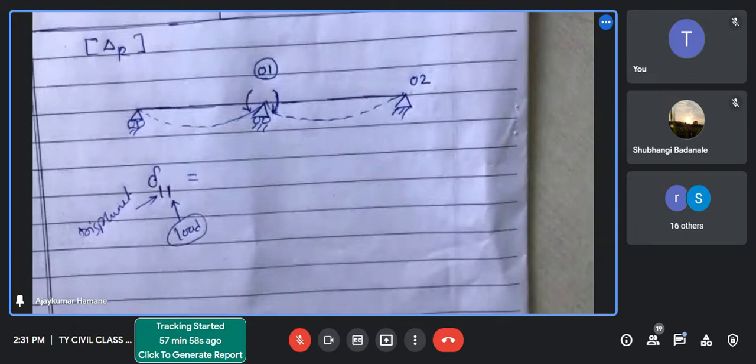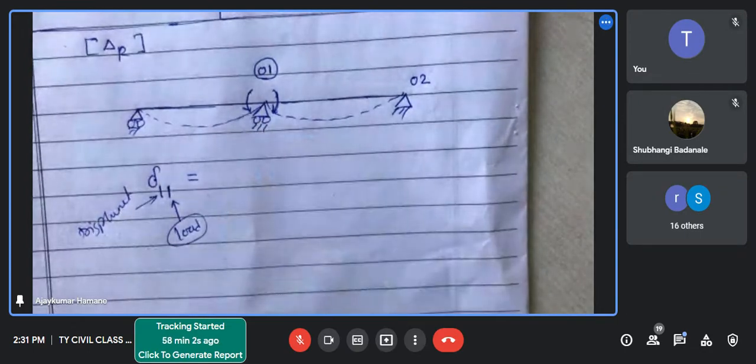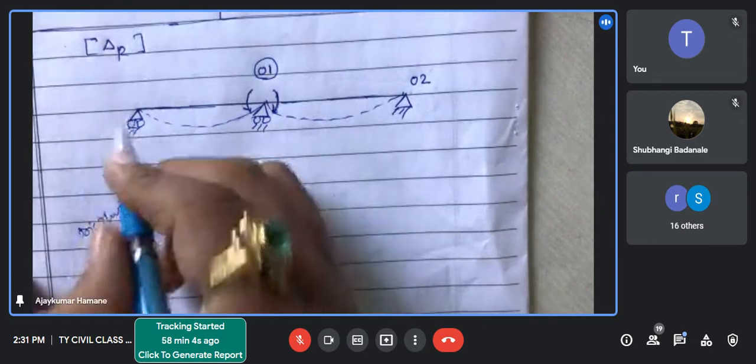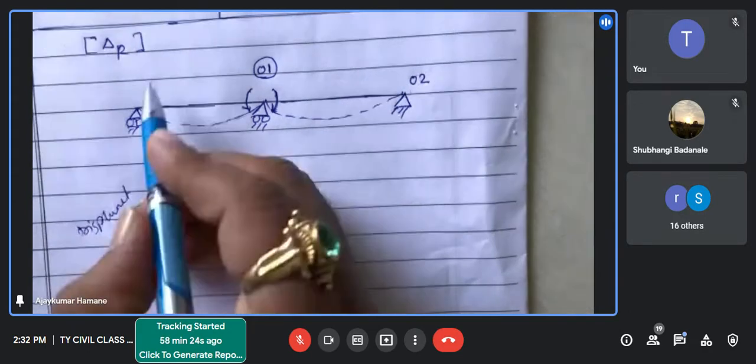Okay, now what should be the delta at this one, if the further end is pin support? Yes, the further end is pin support.